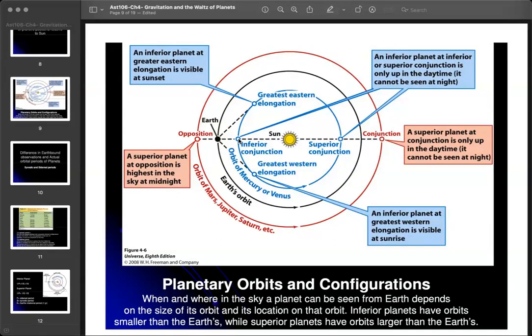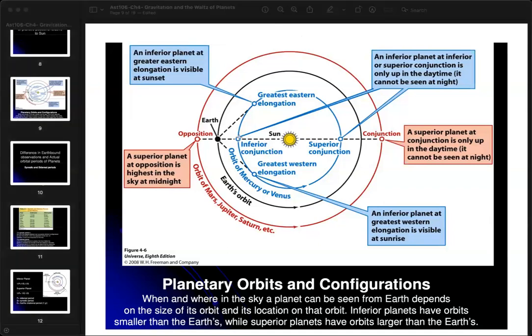However, here is the problem. When the planet comes back to its original position, and it has completed its orbit, that is the sidereal period, the Earth has moved.